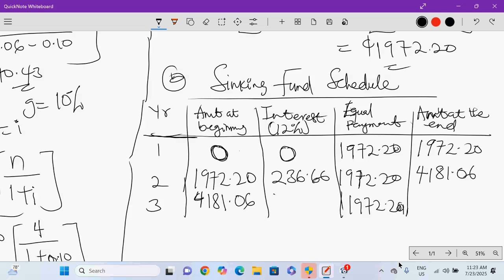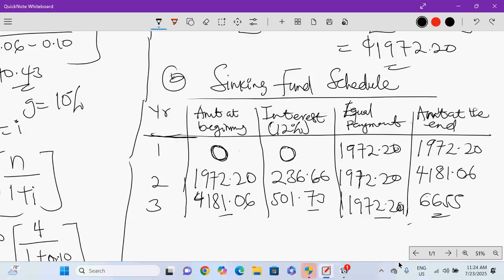The 12% interest on it is given as 501.73. So you add the three, and at the end you should get approximately 6655. That is what we want, to be able to meet the loan obligation.